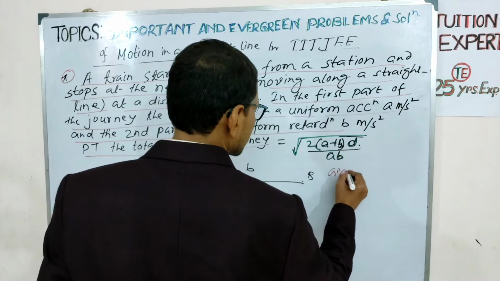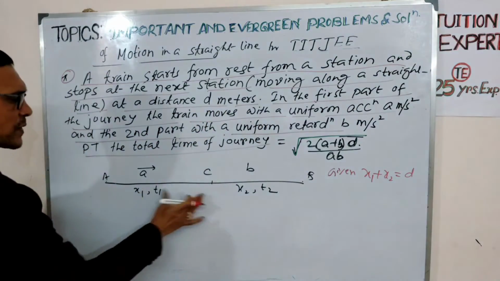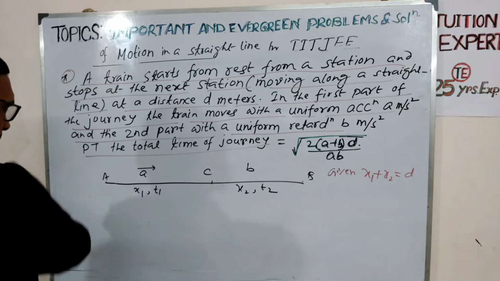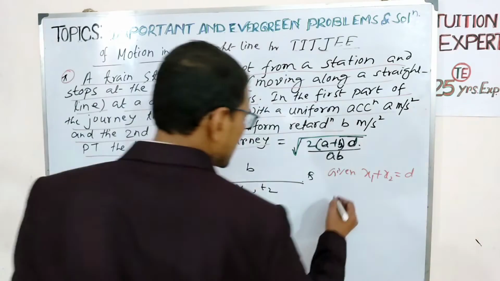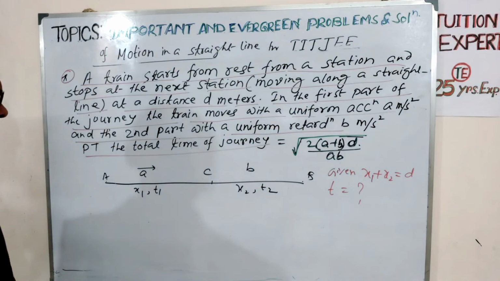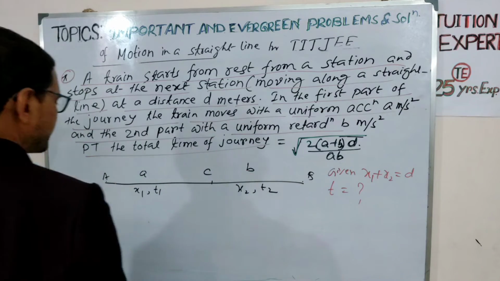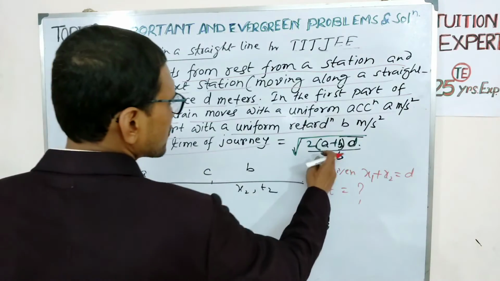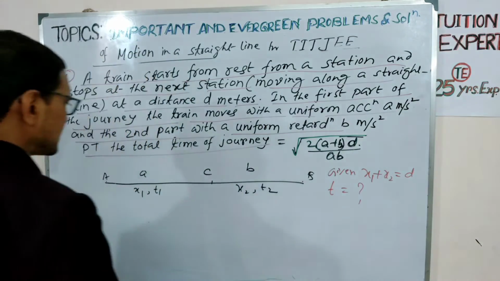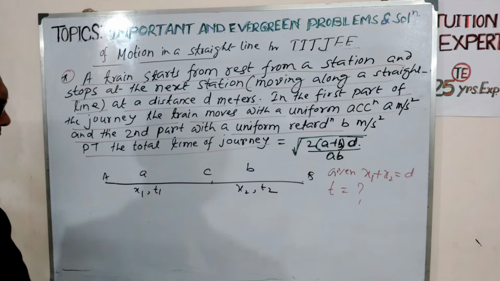Given total distance x1 plus x2 equals d, we have to find the total time taken t, in terms of a, b and d.